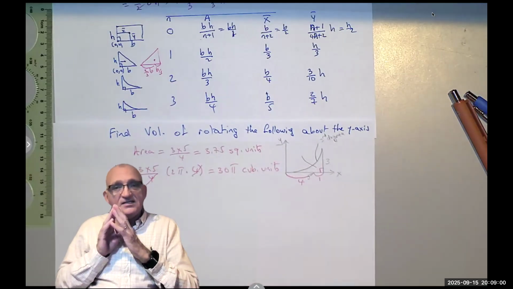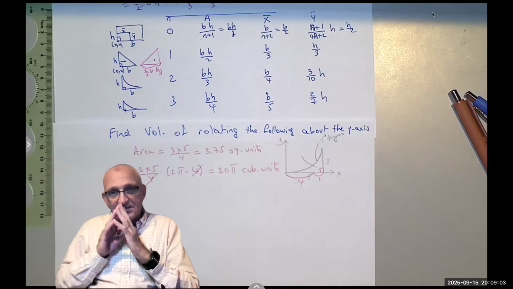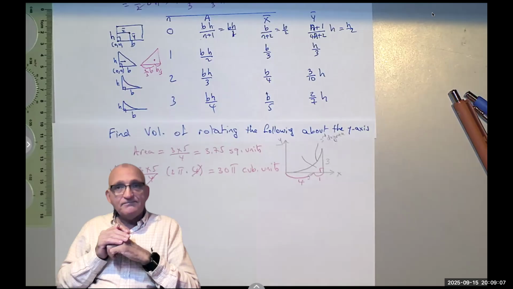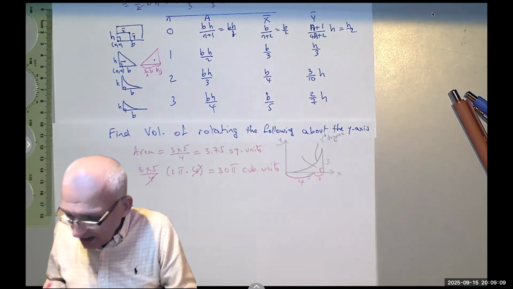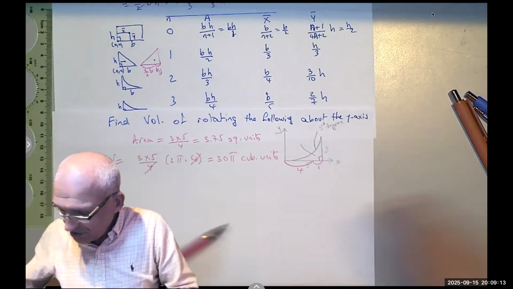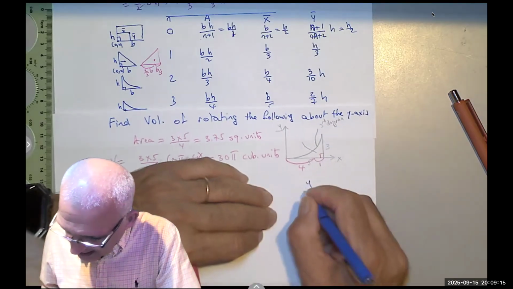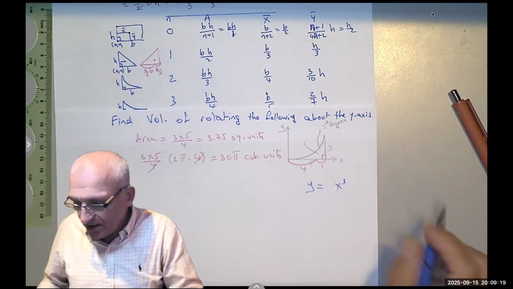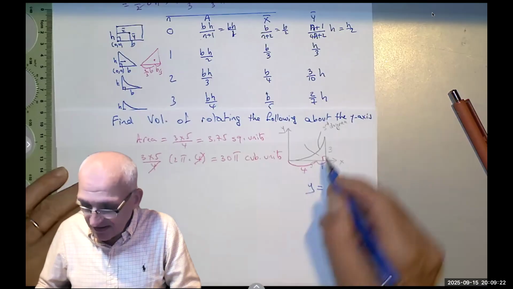See how easy it is now to do it? And so if we can find an equation here, you can say y equals something times x cubed. x cubed is 125, but this is only 3.